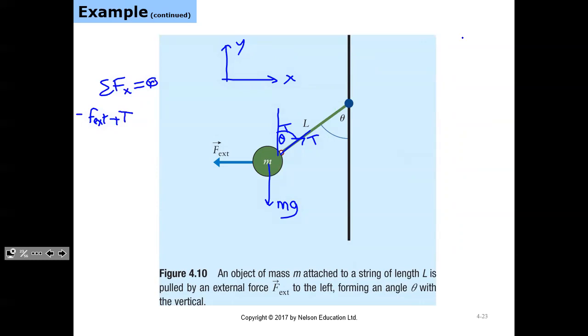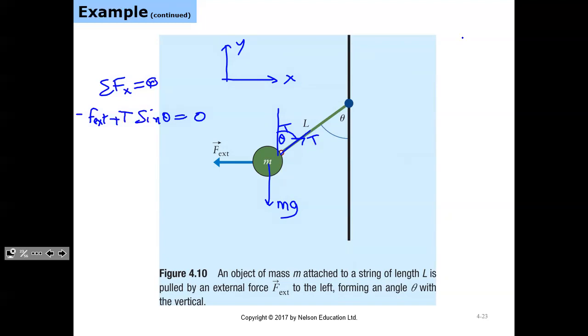That's the sine theta, so that should not confuse you, because the angle here, which I call theta, is the angle it makes with the y-axis. That's why it is sine of theta in the x direction.